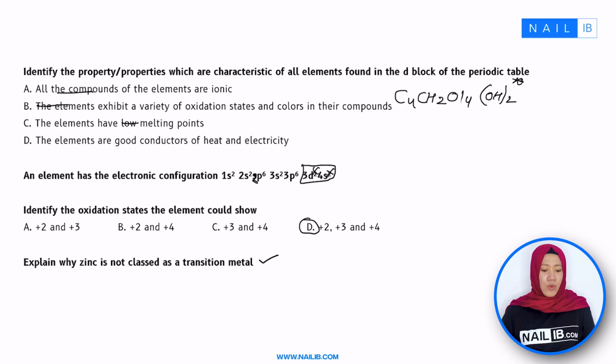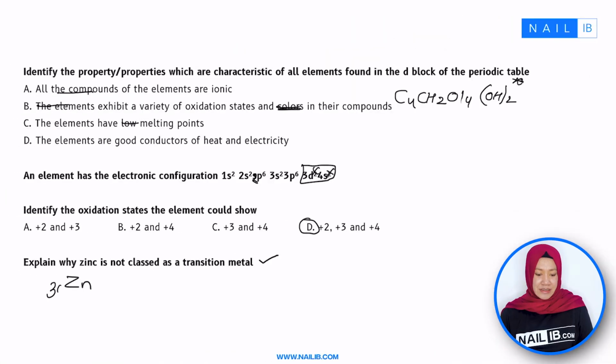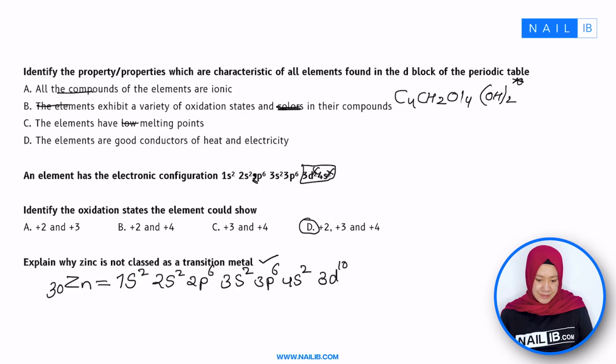Now, explain why zinc is not classed as a transition metal, because it doesn't form a colored compound. Like what I said, this is not the correct answer because not all elements found in the d block are able to form a color. Why? Now, zinc with the electron number 30, let's write the electron configuration. 3s2, 3p6, 4s2, 3d10.